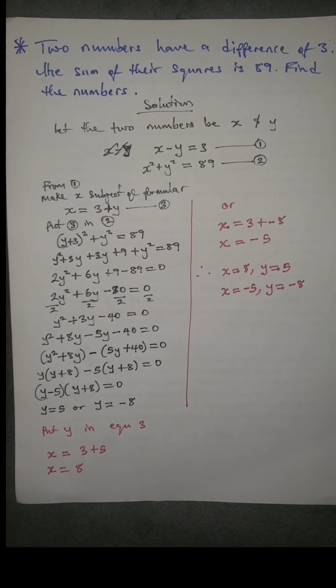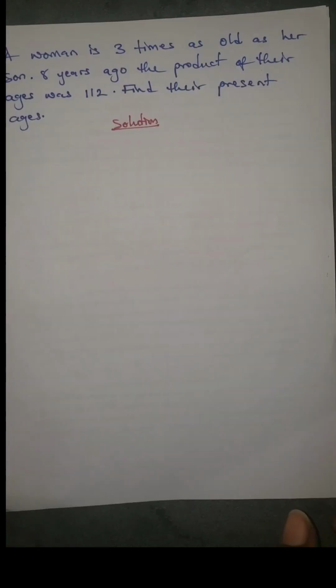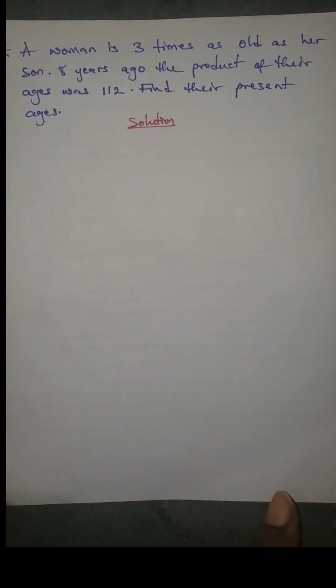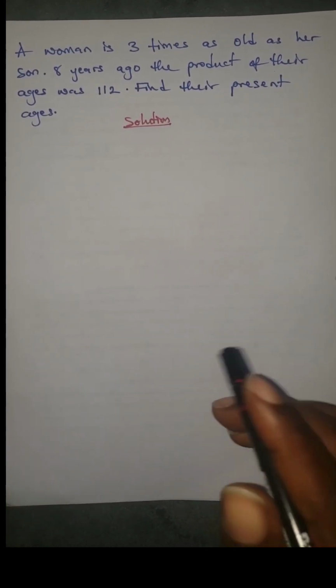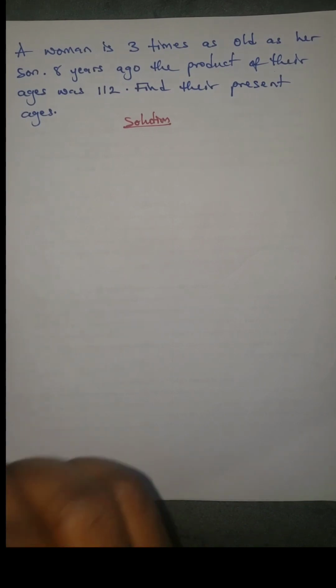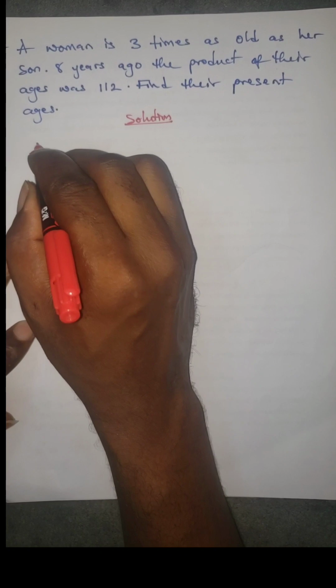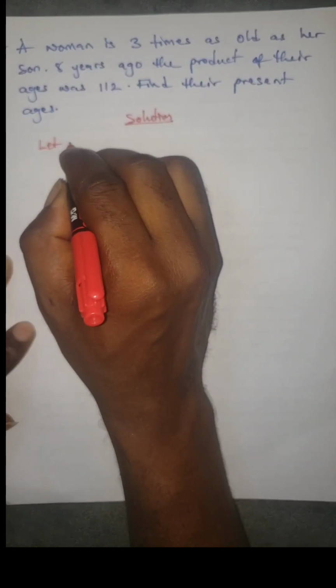Okay, so let us look at another problem on the topic. So we have a problem on age. Okay, so let's see how this one will look. They say a woman is 3 times as old as her son. So first of all, define our variables.